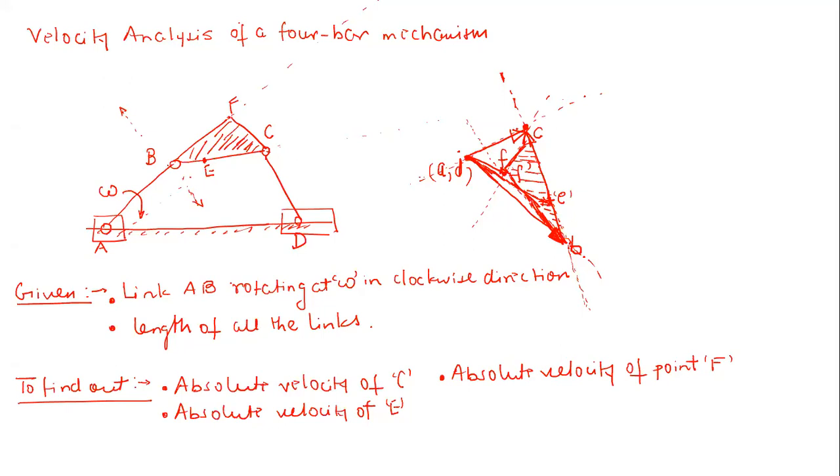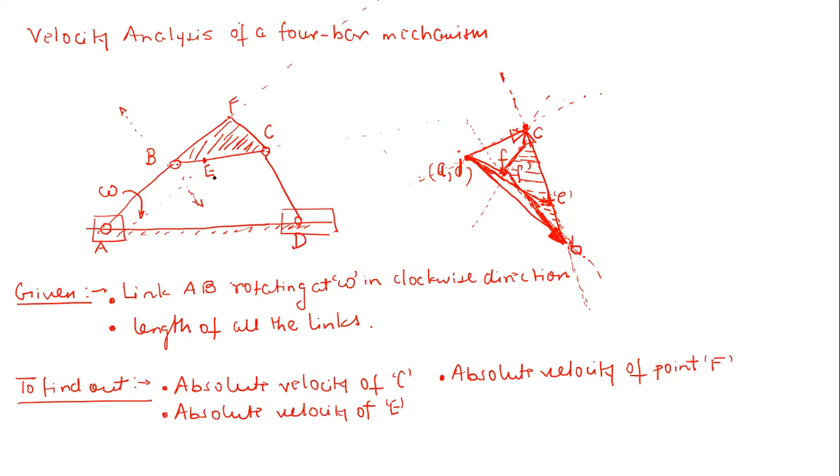See, first of all, if this link BC is going to rotate, you can imagine either this point B is going to rotate about this point C, or this point C is going to rotate around this point B. Very obvious, right?